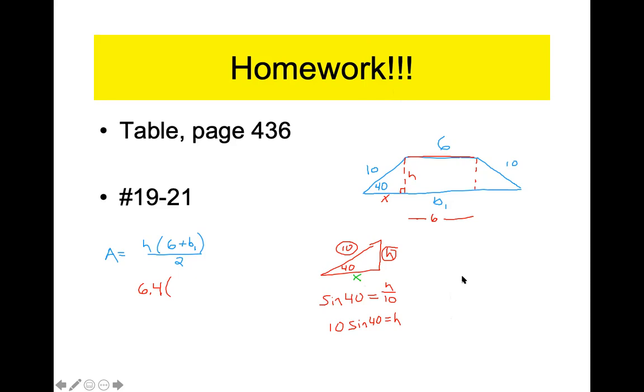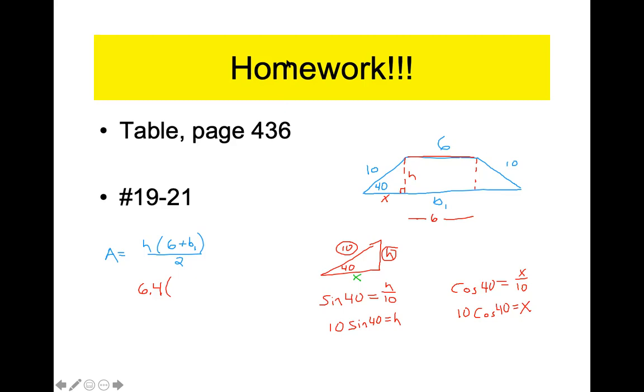Adjacent and hypotenuse. Oh, cosine. So we have cosine 40 is equal to the adjacent, which we call x, over the hypotenuse, which is 10. Hey, it's the same deal. So it's just 10 cosine 40 is equal to x. And that gives us 8, because I rounded. Let's leave it as 7.7.